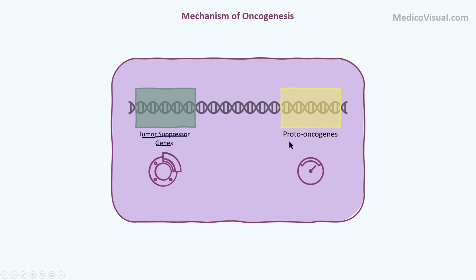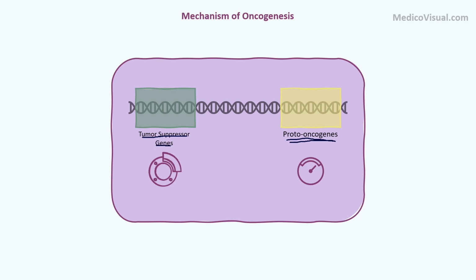So what happens in cancer is that there is a gain of function mutation in proto-oncogenes. I mean that the proto-oncogenes start hyperfunctioning. And when there is such a mutation in a proto-oncogene, we say that proto-oncogenes are converted into oncogenes. So this is the point.